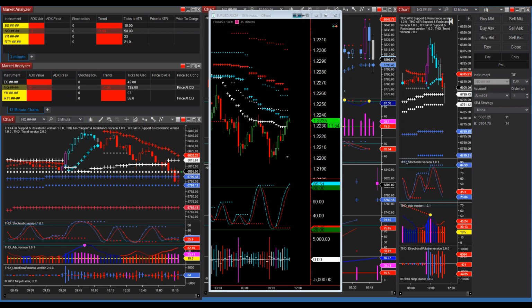You should be getting a magenta peak on the 3-minute NASDAQ.